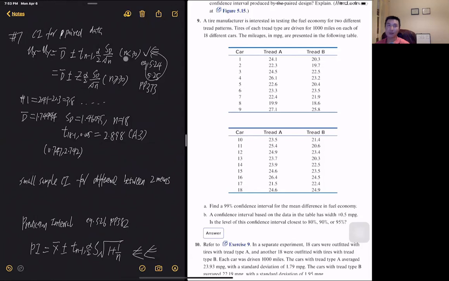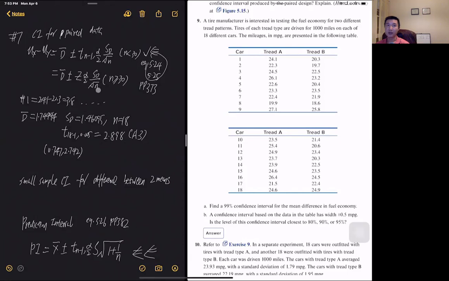When the sample size is small, we use this equation. This is the mean difference plus minus the t-value, this is the sample standard deviation, and this is the sample size. When the sample size is large, or equal to 30, we use the second set of equations. We use the z-value. Again, this is the sample standard deviation.